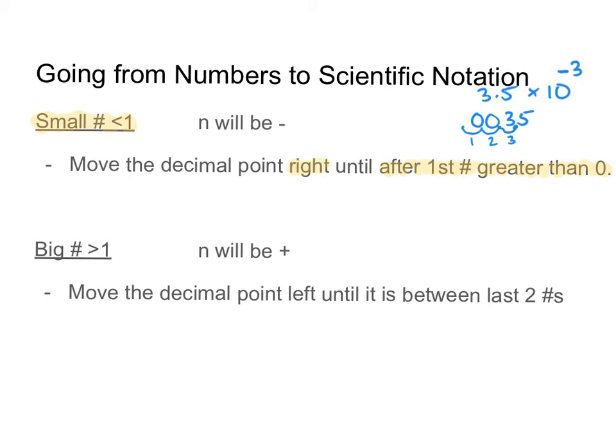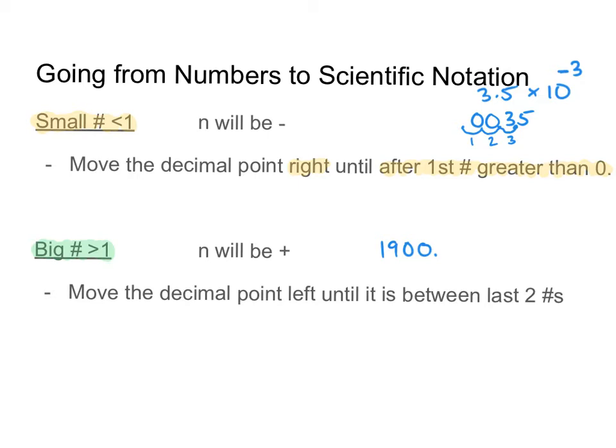All right, let's take a look at our next rule. If it's a big number, so greater than 1, a number that looks like 1900, with the decimal right there at the end, what do we have to do?